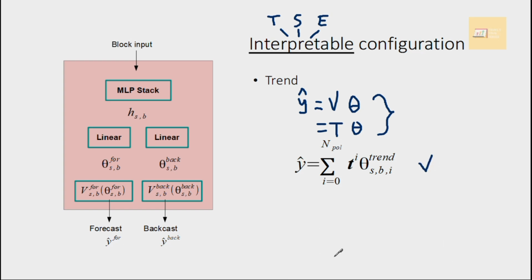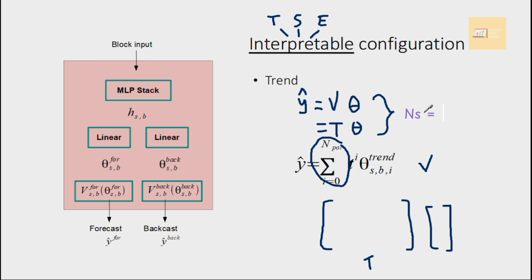Okay, let's draw the T matrix. So this is the T matrix, and this is the theta array. The total columns for matrix T can be identified by using the upper bound and lower bound of the summation. Since the summation starts from 0 to n polynomial, that means ns equals the total polynomial degree plus 1.